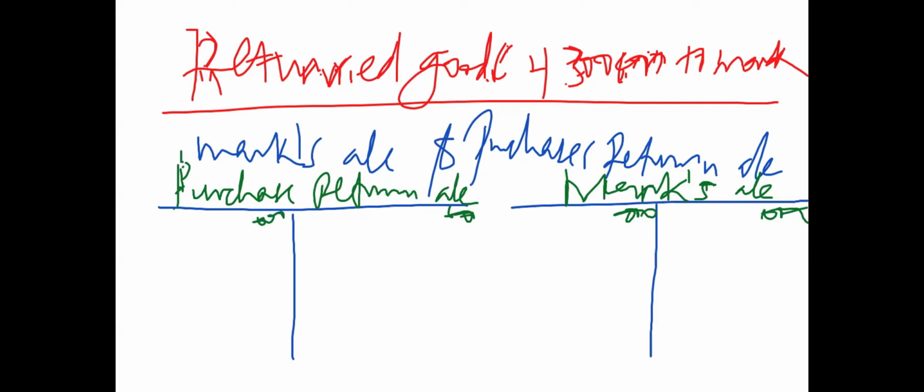In this case, Mark is receiving goods, and once he is receiving, he is going to be debited. So we shall debit Mark's account, then we credit the return outwards, or the purchases return.